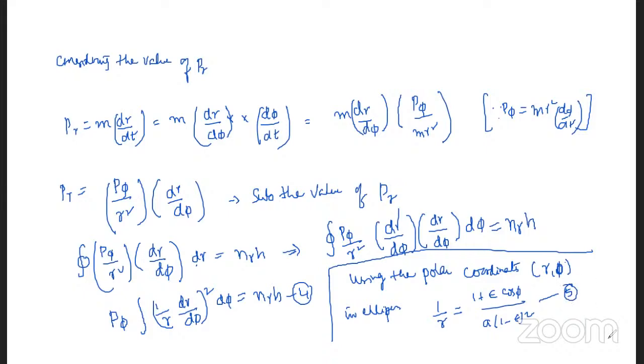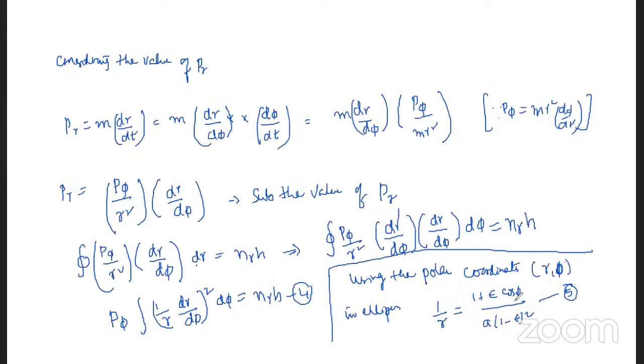So here, after this we can write what we have in the previous equation, that is equation number 5. Here a is nothing but the semi-major axis, because for an ellipse we have a semi-major axis as well as a semi-minor axis.